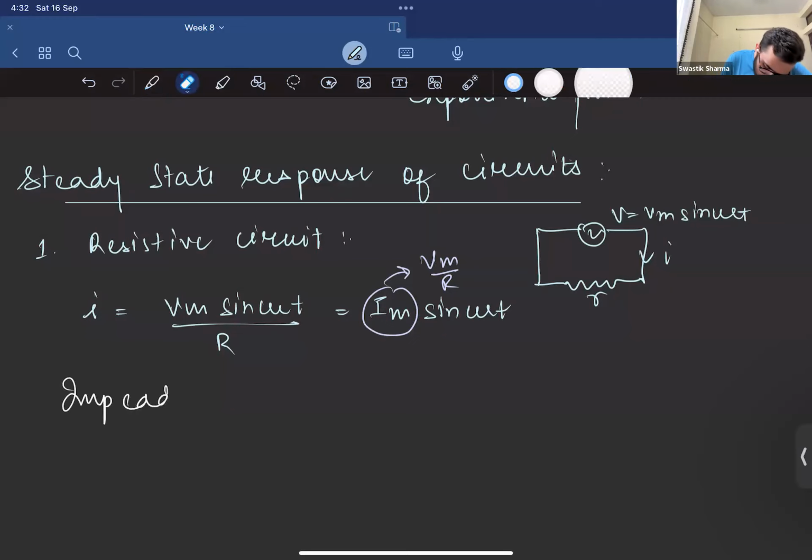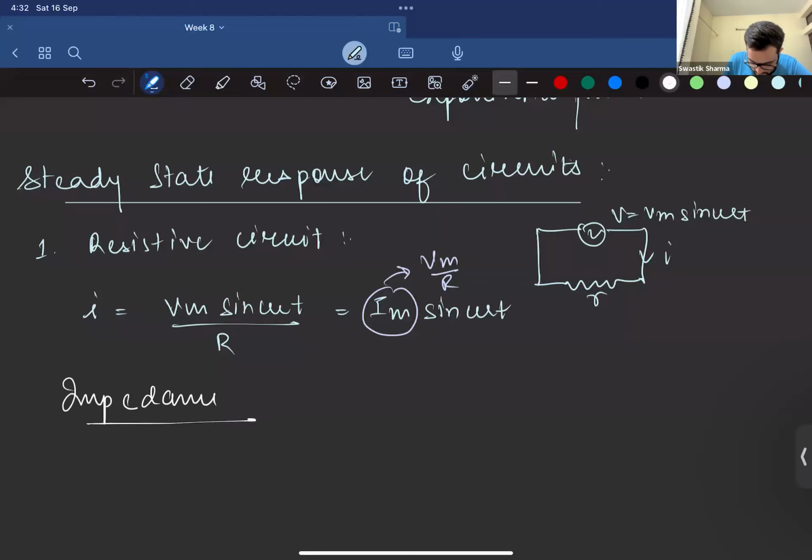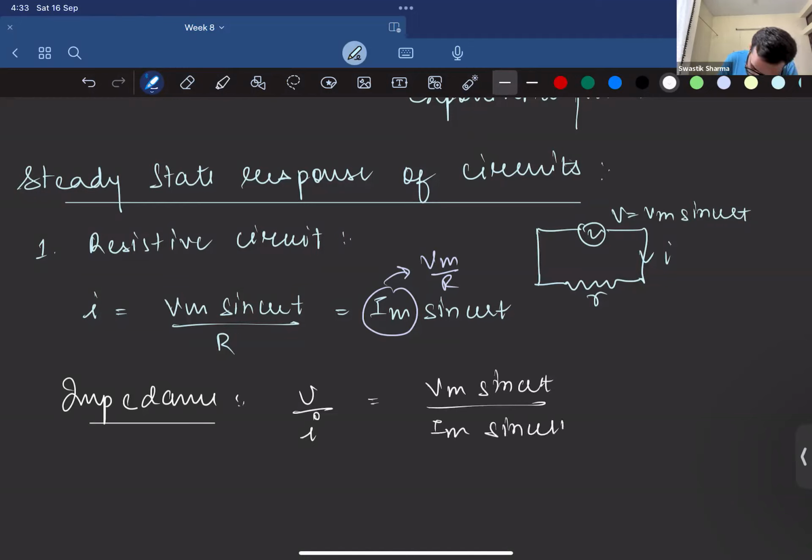And one more thing, we make use of a quantity called impedance. So impedance is what? It's equal to the voltage divided by the current, which is nothing but Vm sine omega t divided by Im sine omega t, which will come out to be simply R, or we can say R angle of 0.